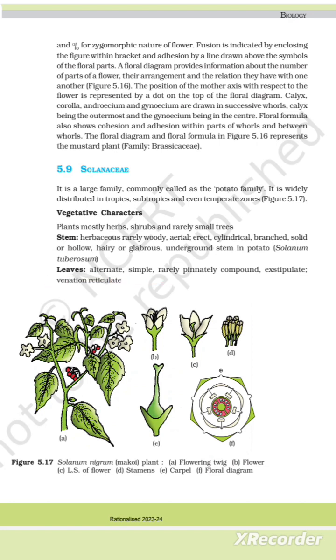Leaves alternate, simple, rarely pinnately compound, exstipulate, venation reticulate. Figure 5.17 Solanum nigrum: a flowering twig, flower, L.S. of flower, stamen, carpel, floral diagram.